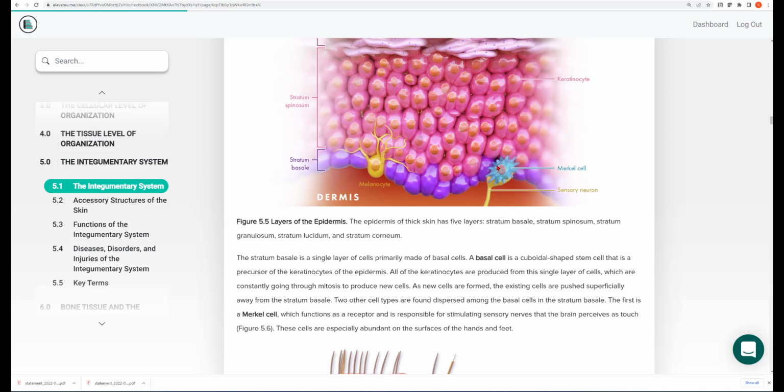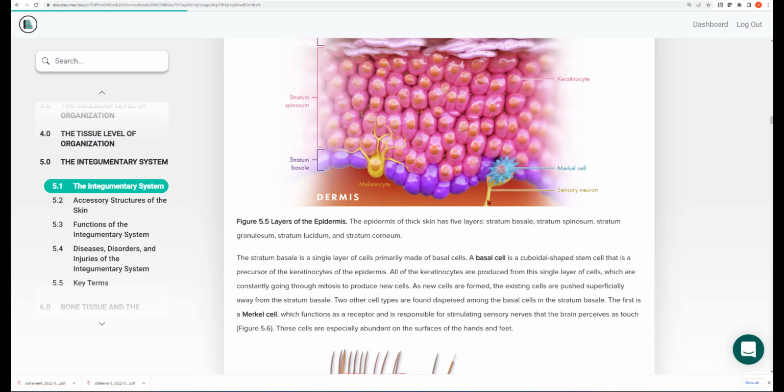The Merkel cell is a nerve ending. It's a receptor, I should say, for sensation. So this is a sensory neuron. It can pick up sensations, primarily touch. So when you touch the surface of your skin, these cells are able to sense that pressure and send a signal through the neuron.